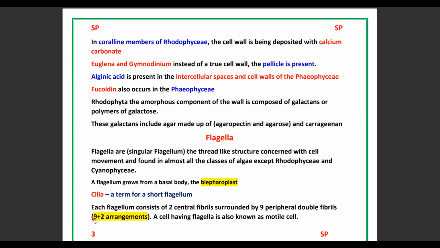That arrangement is 9 plus 2. So in the transverse section of the flagellum, 9 double microfibrils are arranged in the peripheral region and in the center part 2 are present. That arrangement is called 9 plus 2 arrangement. A cell having flagella is also known as a motile cell.